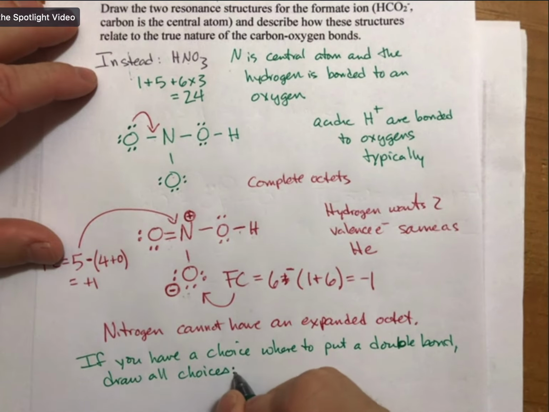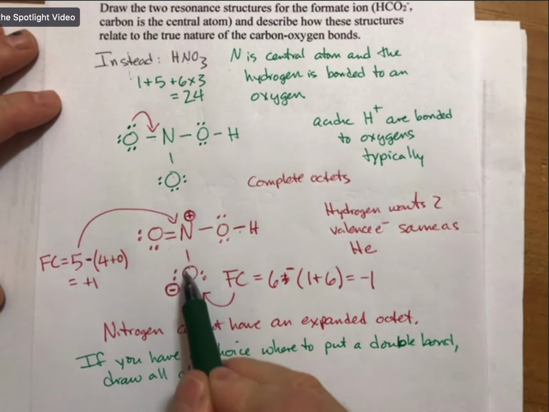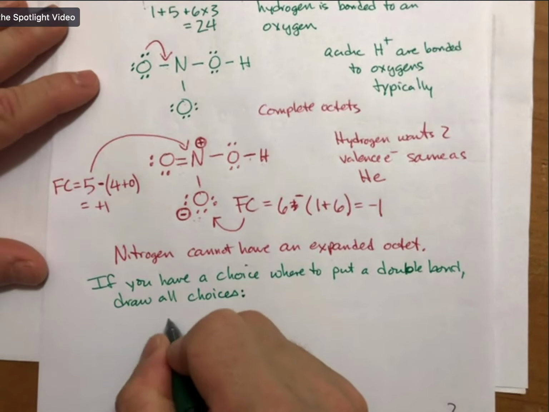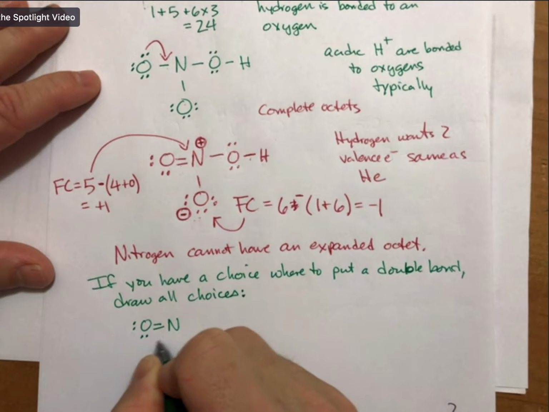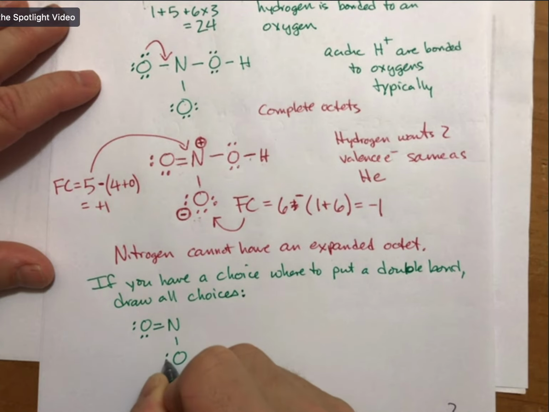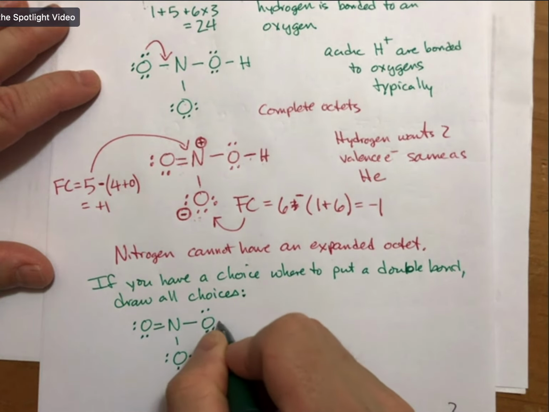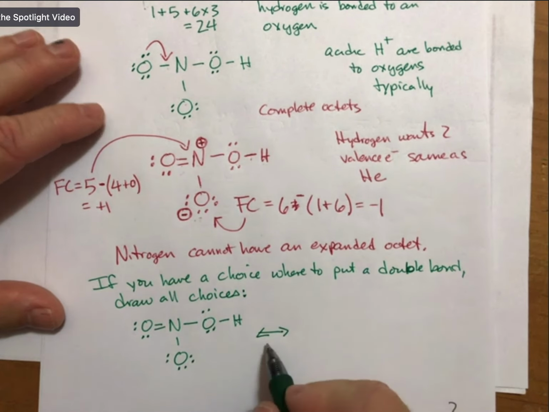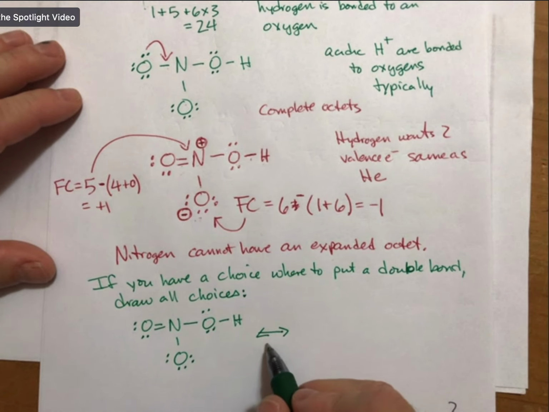And I'll put a little colon there because that's what we're going to do. I'm going to start by redrawing this Lewis structure exactly as it is. And then I'm going to draw what I and many people call a resonance structure arrow.